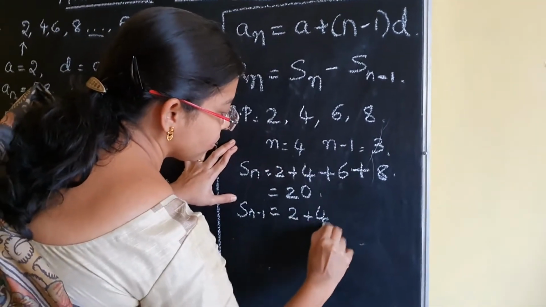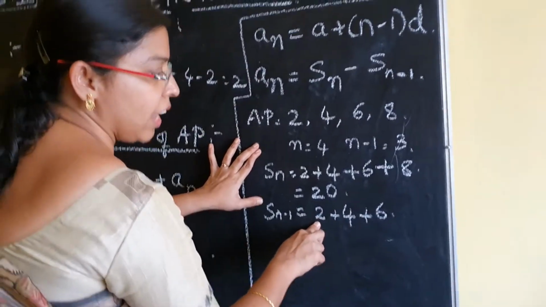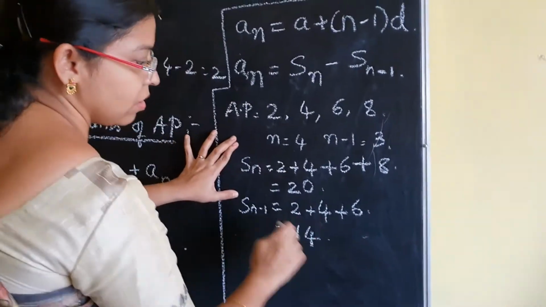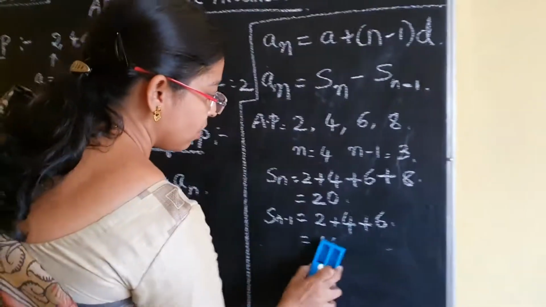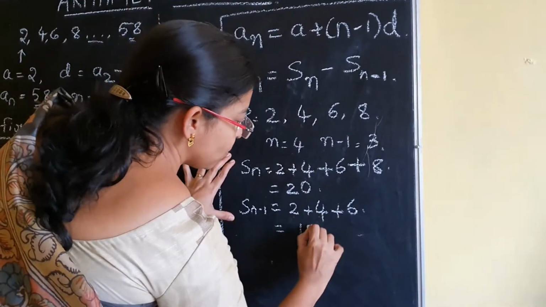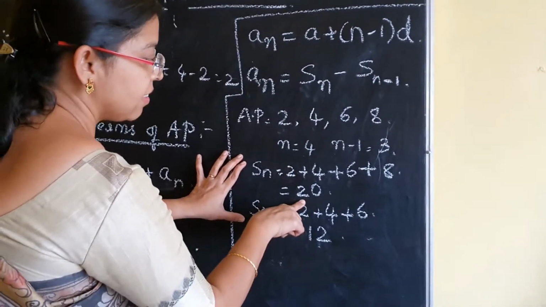That will give you 12. 4 plus 2 is 6, 6 plus 6 is 12. So S n minus 1 is 12 and Sn is 20.